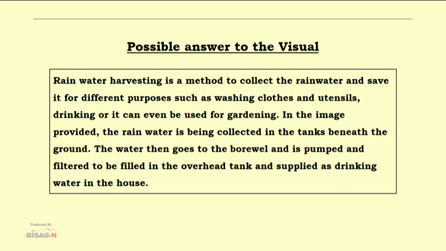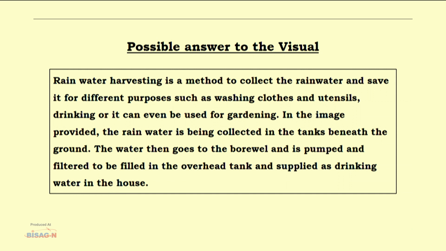Now let's go back to the visual and see whether we have answered all the parts given in the visual. Before we move on to the visual, I would just like to note down all the bullet points that we have mentioned in the answer. We have mentioned that it is a rainwater harvesting method which is shown in the visual.